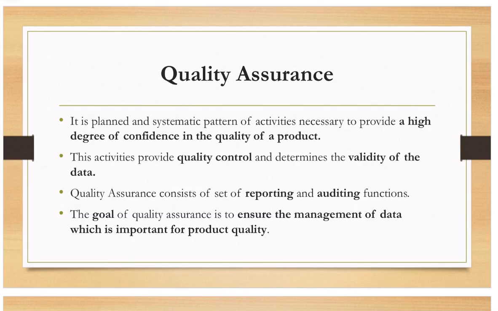The goal of quality assurance is to ensure the management of data which is important for product quality. So basically quality assurance is a planned and systematic pattern of activities necessary to provide a high degree of confidence in the quality of the product, right? And it determines the quality of software. It is also called SQA, that is software quality assurance.